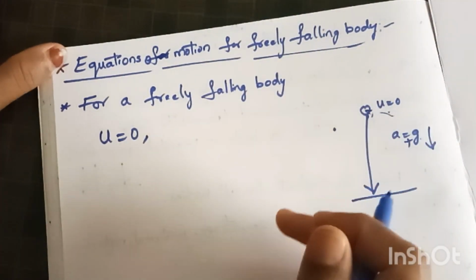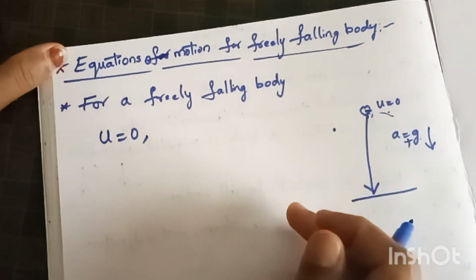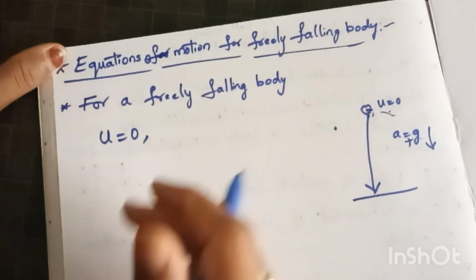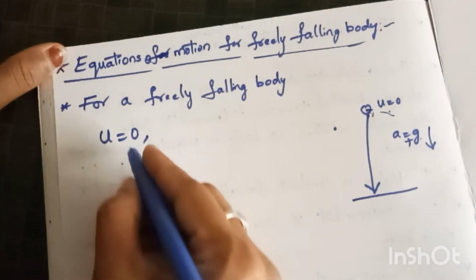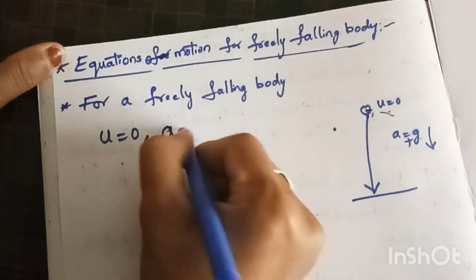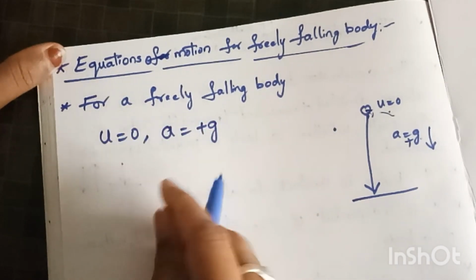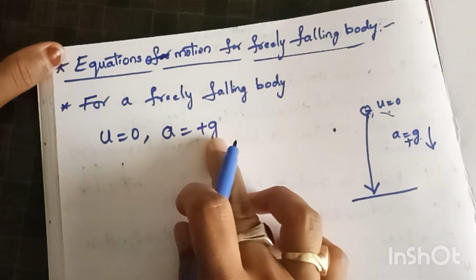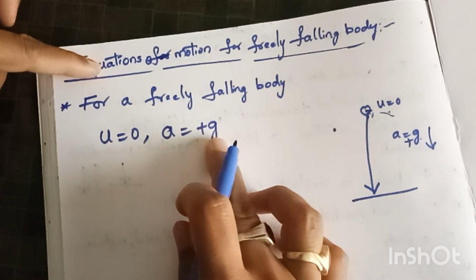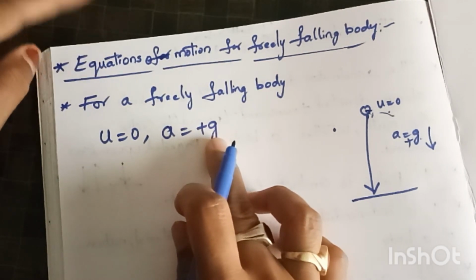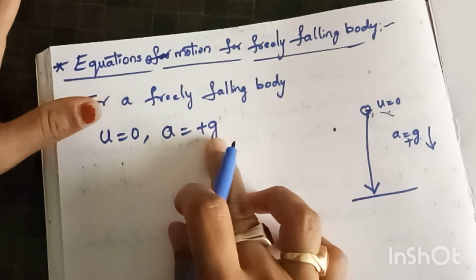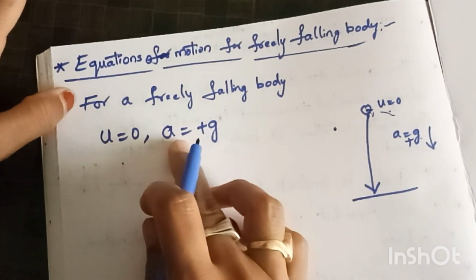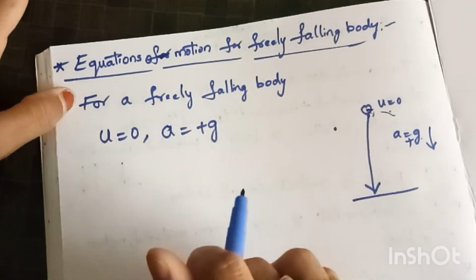A freely falling body or vertically projected body has a constant, uniform acceleration. So u equals 0 and a equals plus g. These are the two important terms to write the equations for the motion of a freely falling body. Just remember that for a freely falling body, the initial velocity will be 0 and acceleration will be positive g.